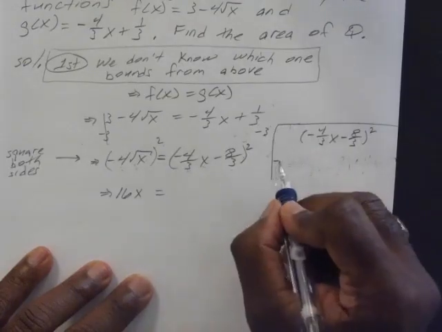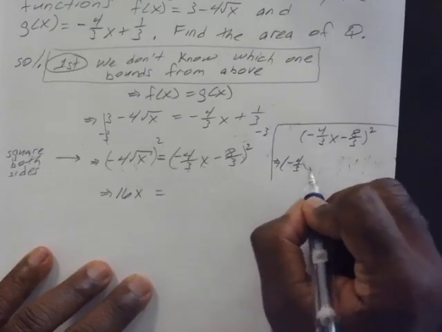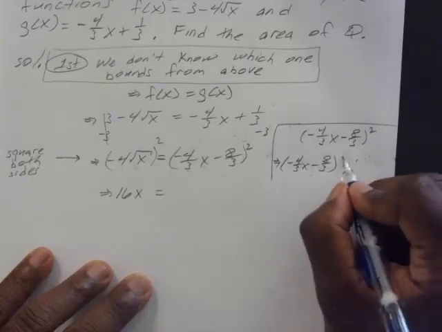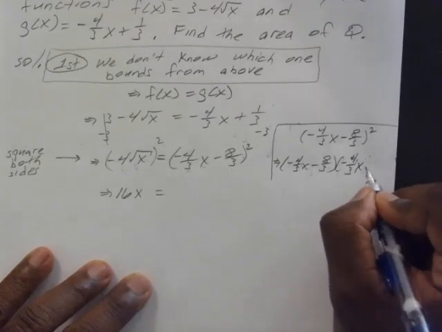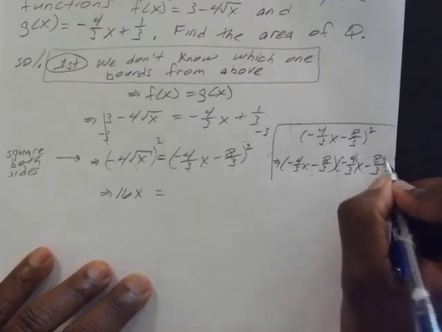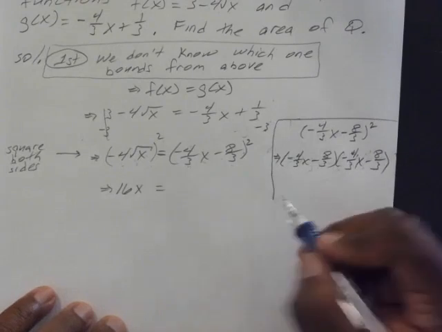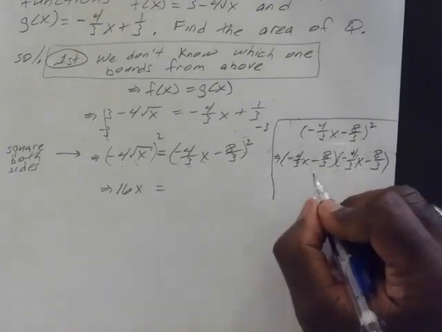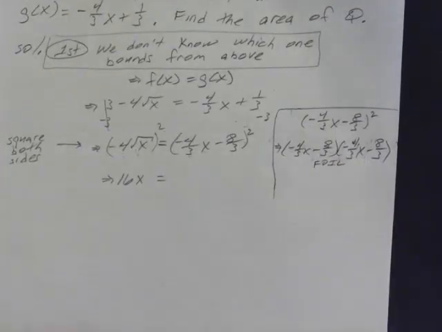And then from there, we just do the FOIL method, since we're multiplying two binomials.